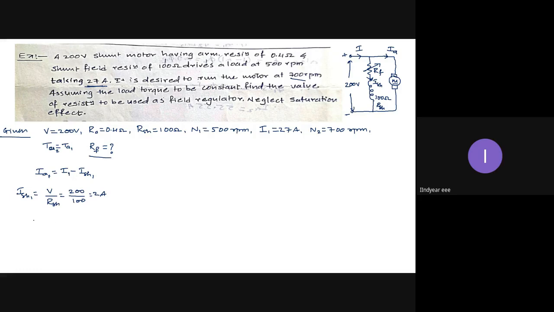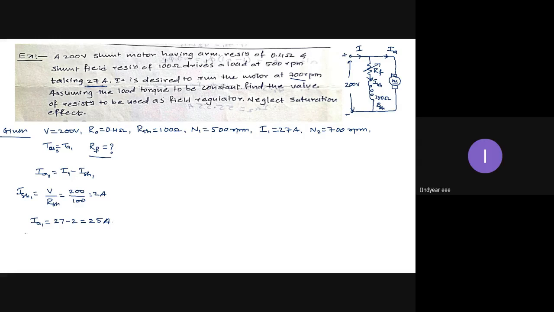Therefore, IA1, in the first case when the field rheostat is not used, is 27 minus 2, which is 25 amperes.